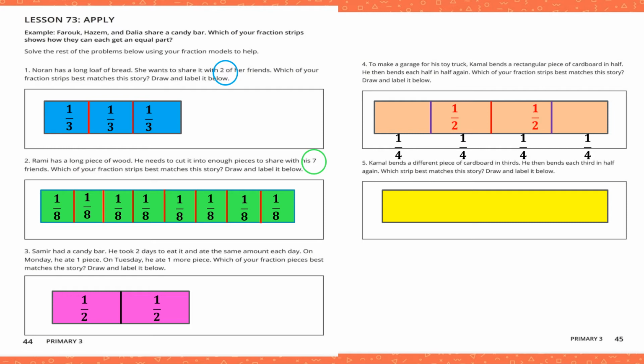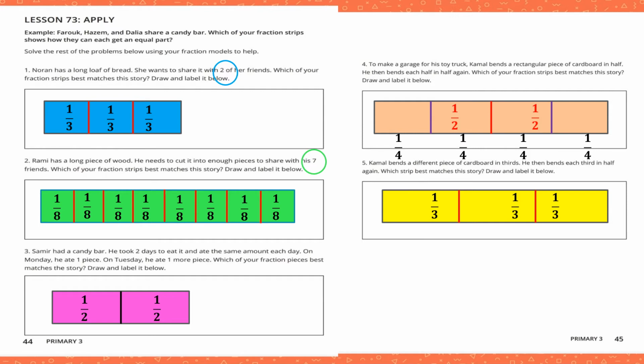Question number 5. Kamal bends a different piece of cardboard in thirds. We have now a different piece of cardboard. He cut it into thirds. Thirds means 3 equal parts. Then he bends each third into half again. Focus here. We have 1/3 here, 1/3 here, and 1/3 here.